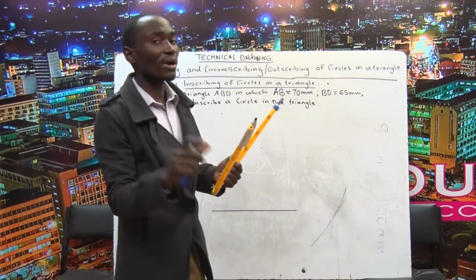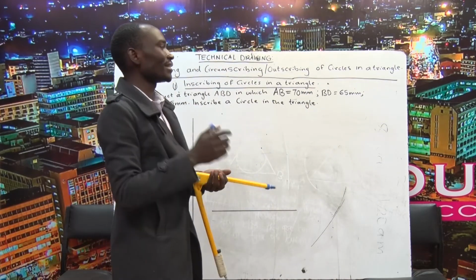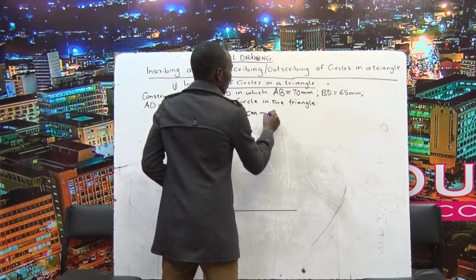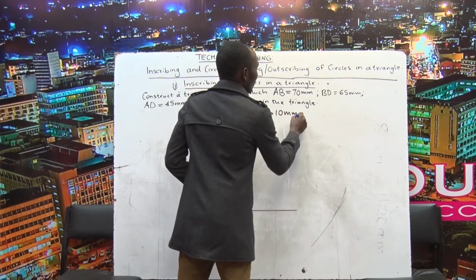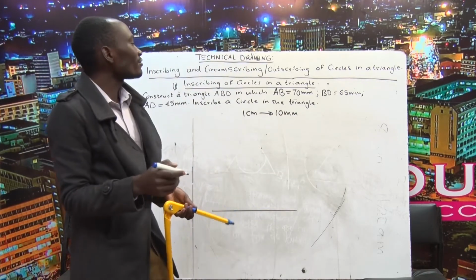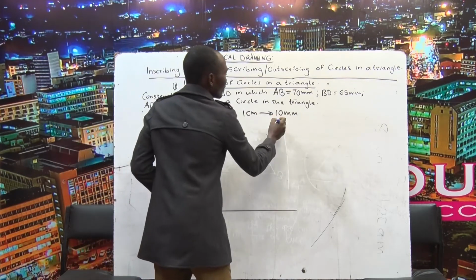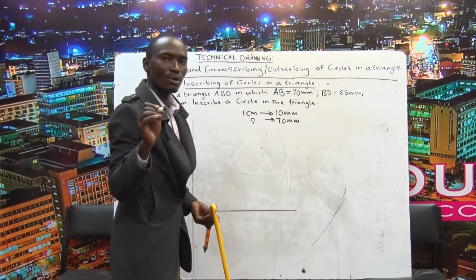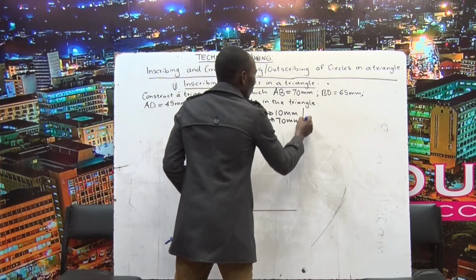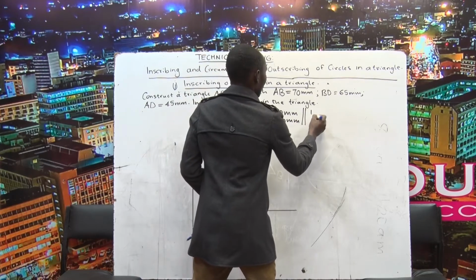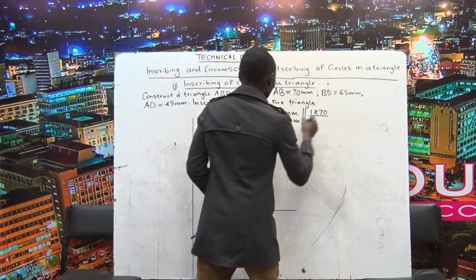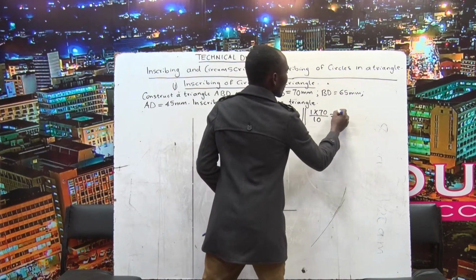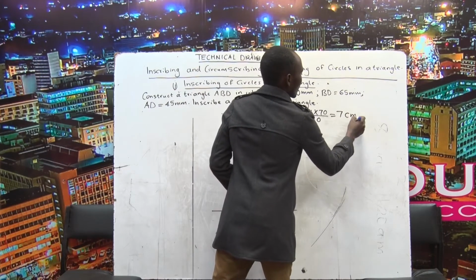Your ruler is calibrated in centimeters, and 1 centimeter is equivalent to 10 millimeters, so you have to convert. 70 millimeters will be 1 times 70 all over 10, which is 7 centimeters.